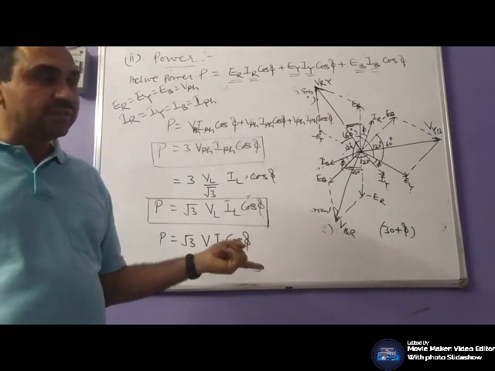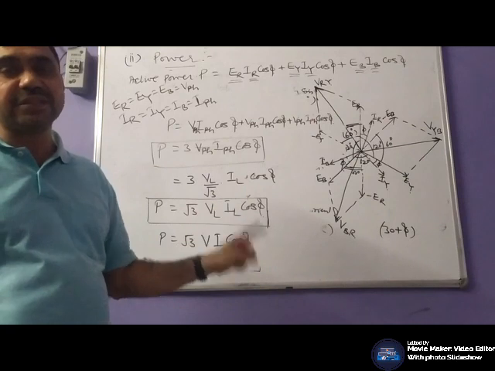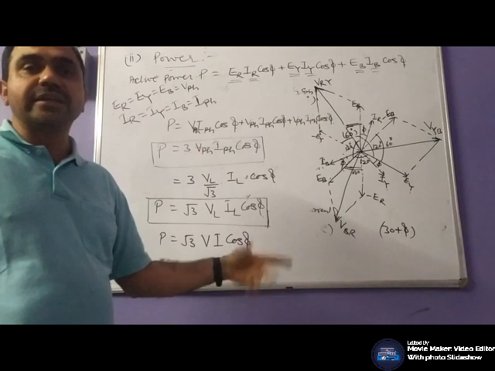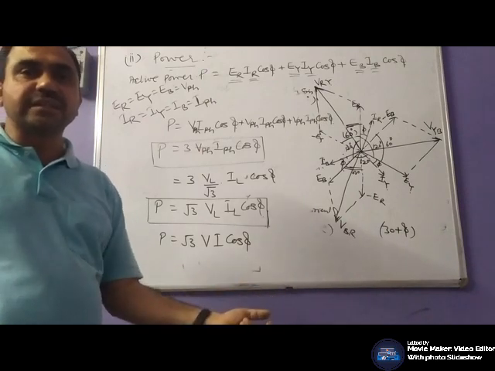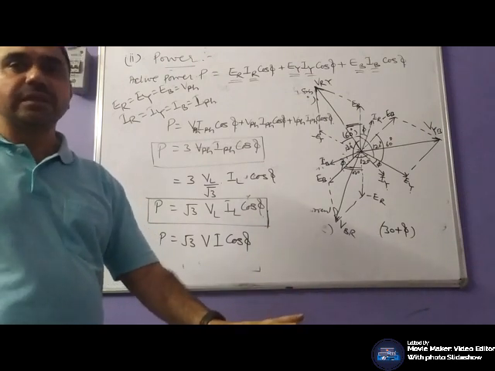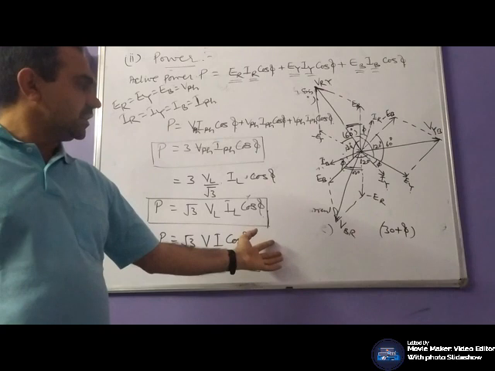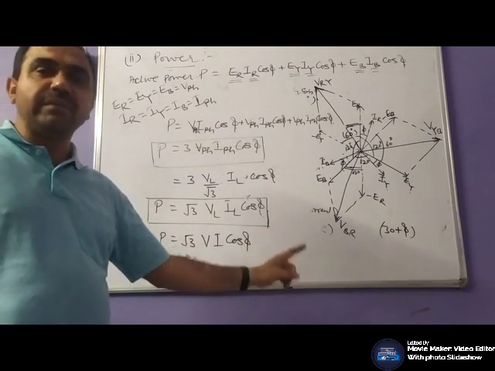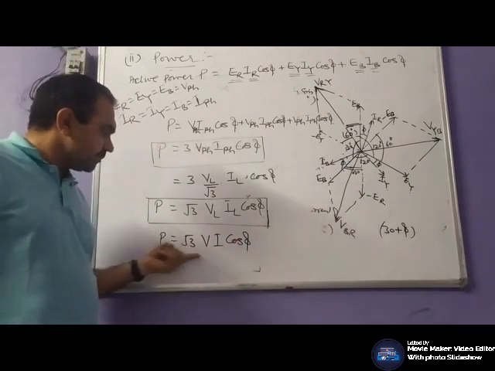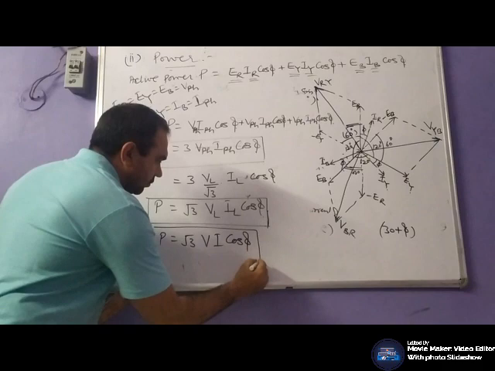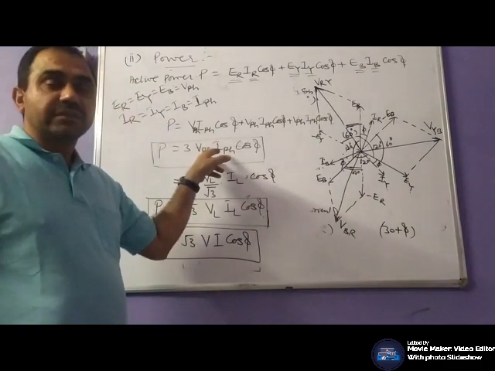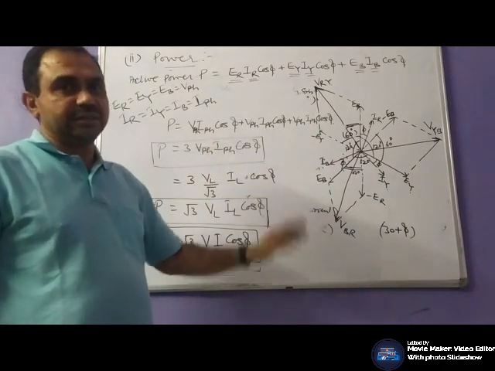If the voltage given is the phase voltage, he will mention that the phase voltage is 200 volt, phase current is 10 ampere. Like in single phase system we discussed that if voltage is given as 200 volt, it means it is RMS value. Otherwise, if average value is given, then he will mention that this is the average value, this is the maximum value. Likewise here, this is the line voltage and line current. And phi is the angle between phase voltage and phase current.